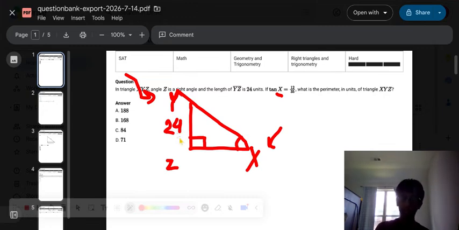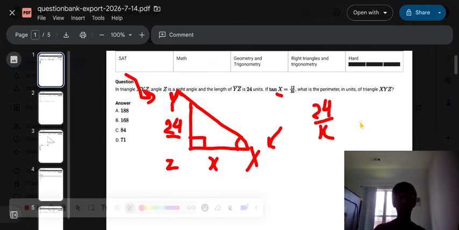Your opposite is 24. Your adjacent we don't know. So we know that opposite over adjacent is 24 over, say, x. And what do we know? We know that this is equal to 12 over 35.